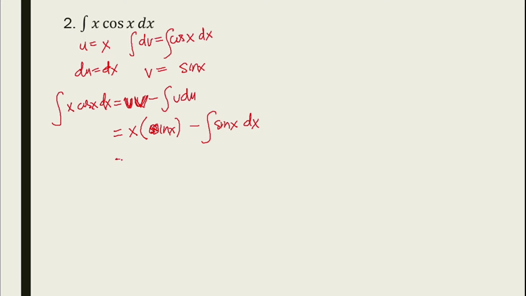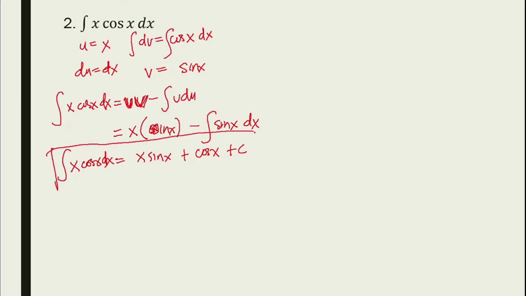So we have x sine x, and the integral of sine x is negative cos x, then plus c. So the integral of x cos x dx is equal to x sine x plus cos x plus c.